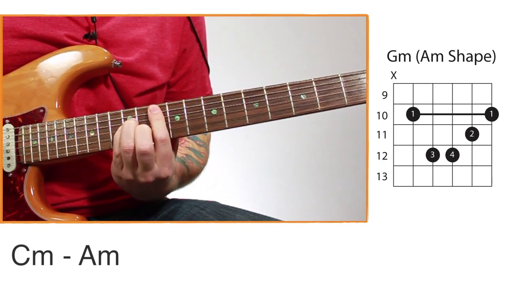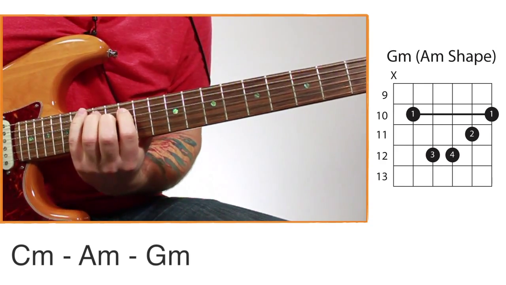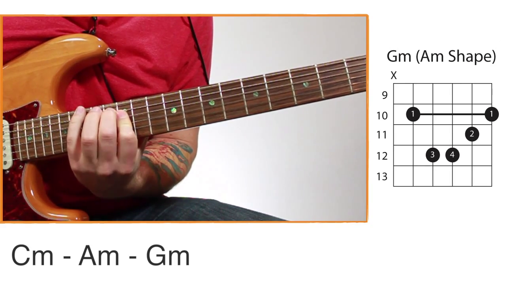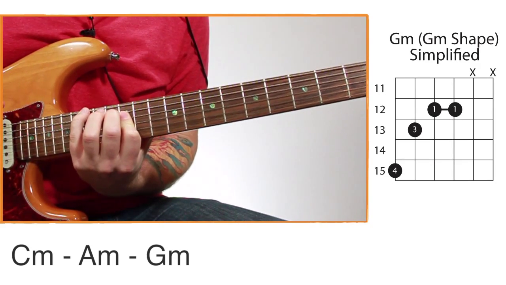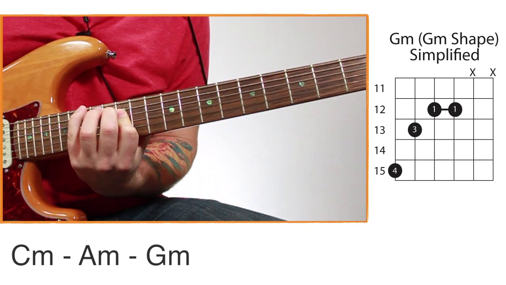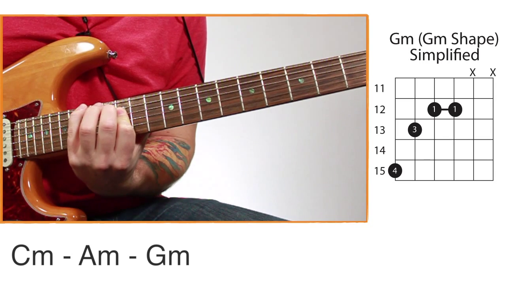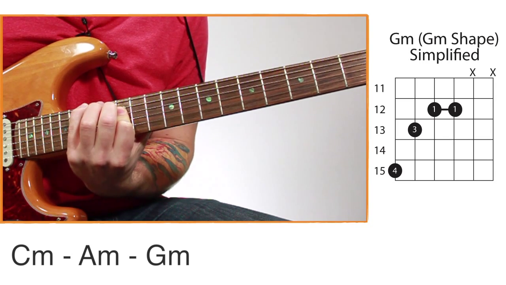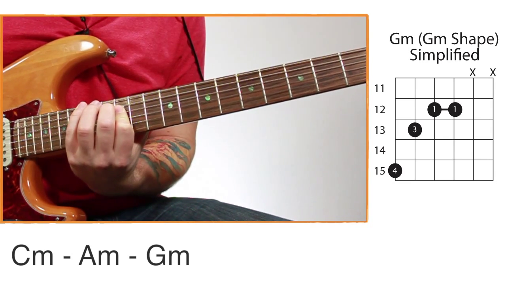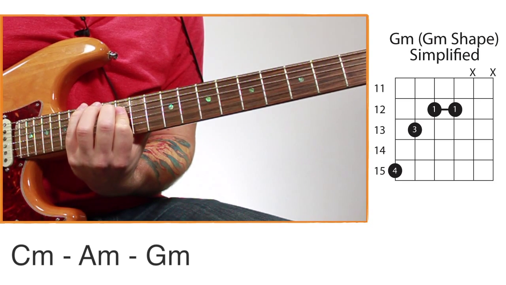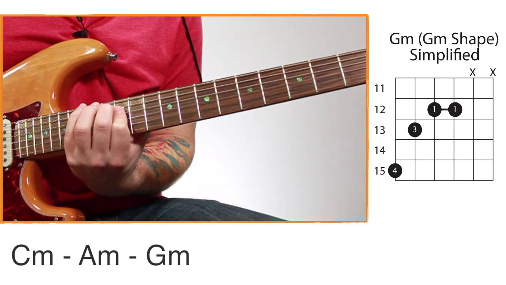The next one is a G minor, and I'll just do the simplified version where your root note is here on the 6th string, 15th fret. So we have the simplified version like this. So that's a G minor movable chord using the G minor shape.